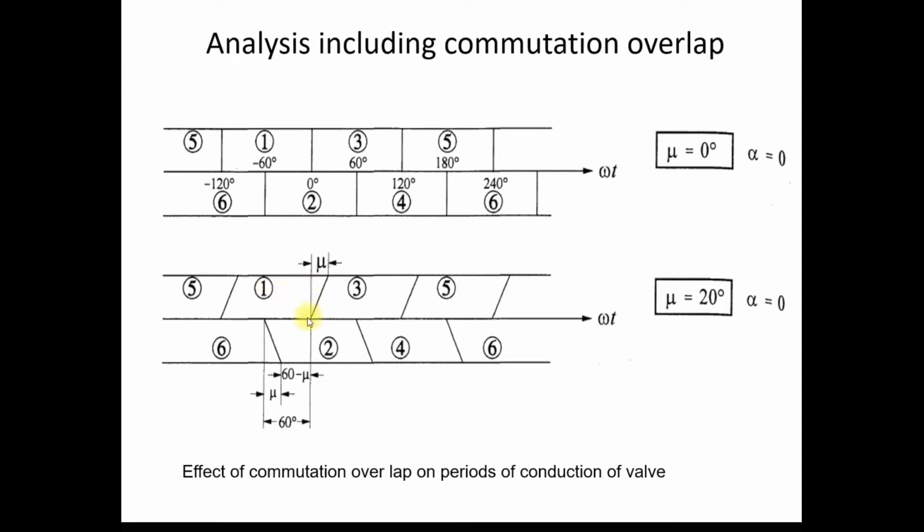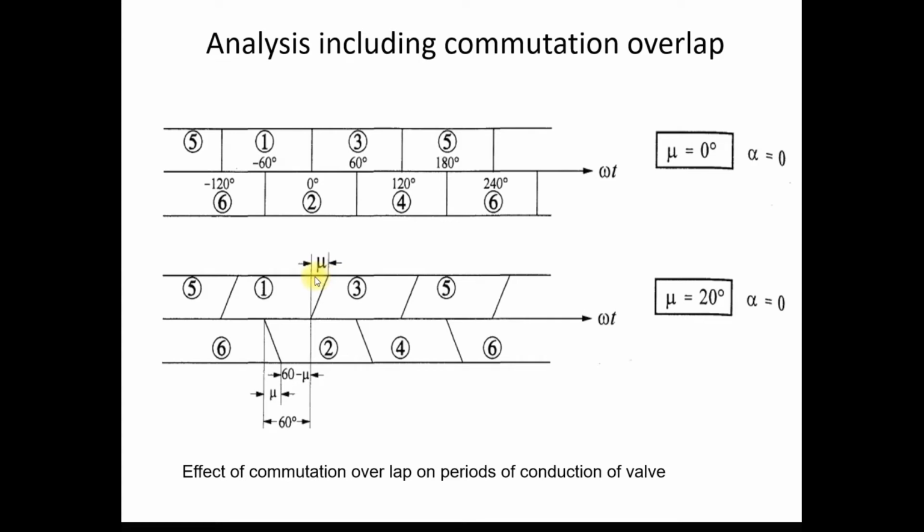So this is the transition period from one valve to another, or one phase to another, because valve 1 is connected with phase A and valve 3 is connected with phase B. This transition takes some time, and this time duration is mu, called the commutation time or overlap time.